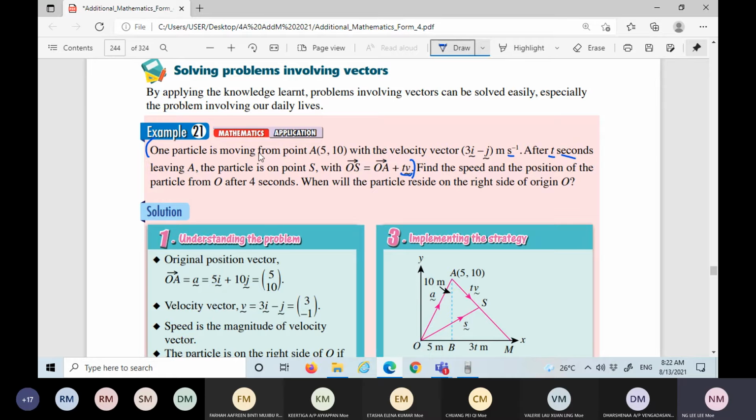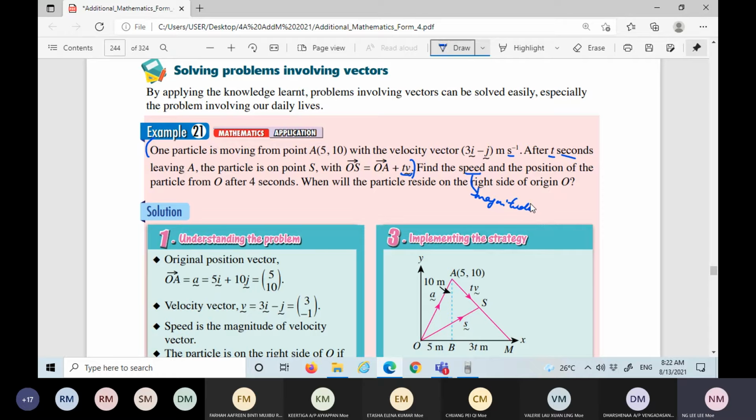So this is the meaning. A particle is moving from point A with the velocity vector this. After t second leaving A, the particle is on point S. So this is a new position after t second. Find the speed. Speed actually is the magnitude. Still remember?